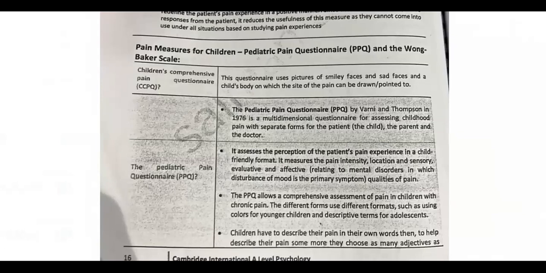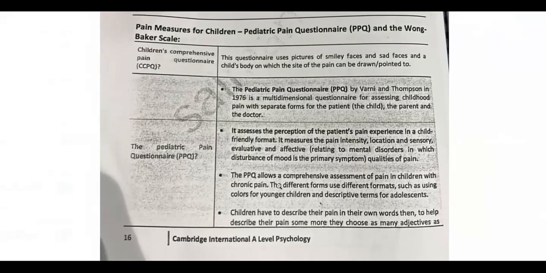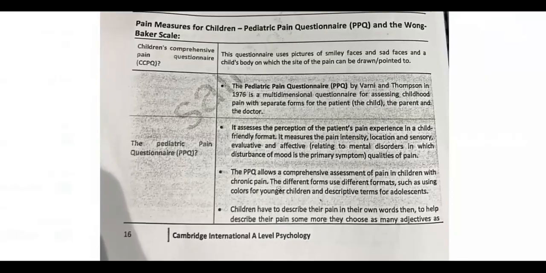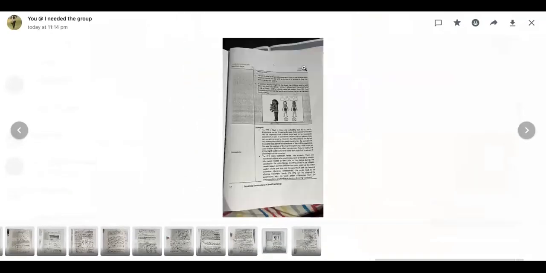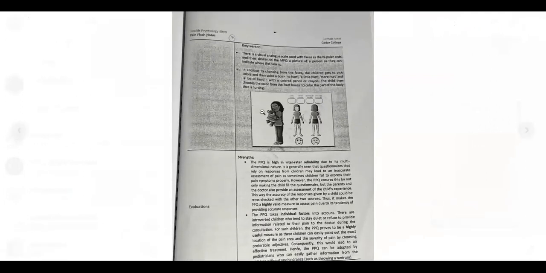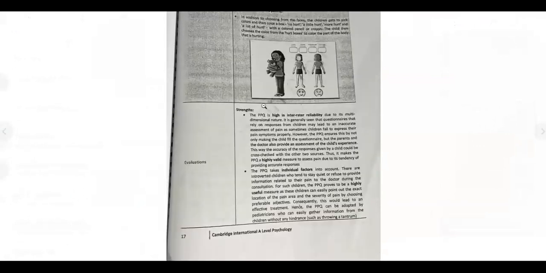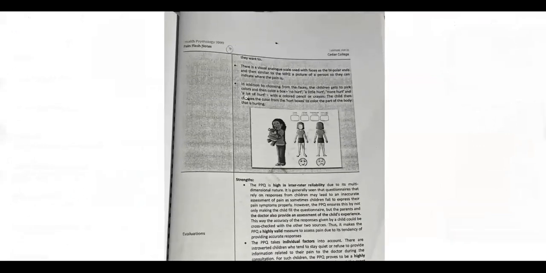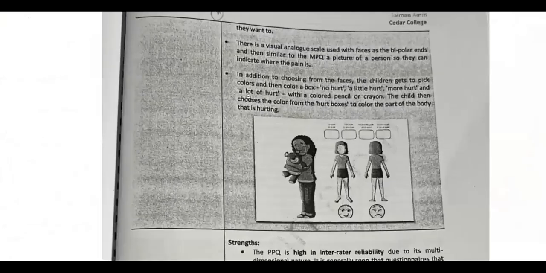Children have to describe their pain in their own words. Then, to help them describe their pain some more, they choose as many adjectives as they want to. There is a visual analog scale used with faces as the bipolar ends, and similar to the MPQ, a picture of a person so they can indicate where the pain is.